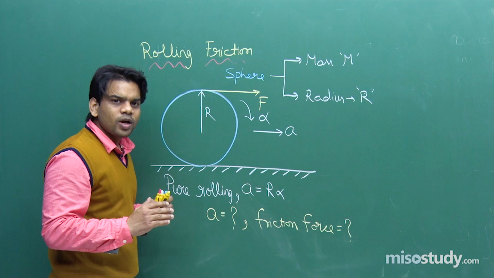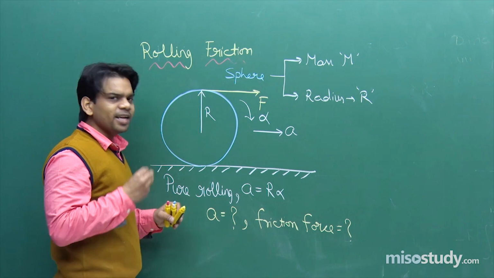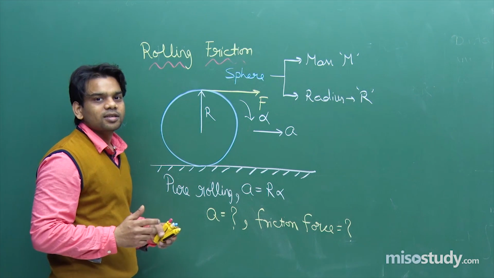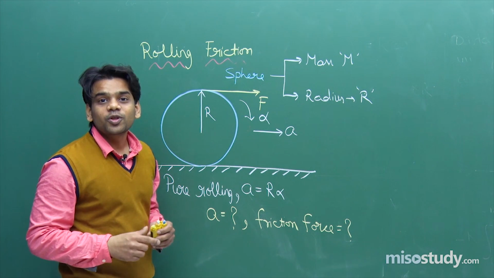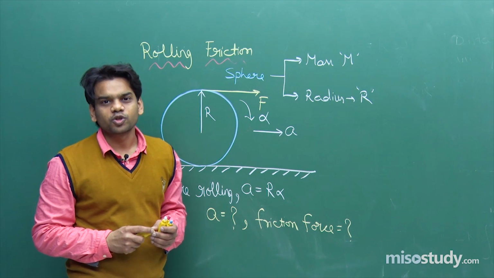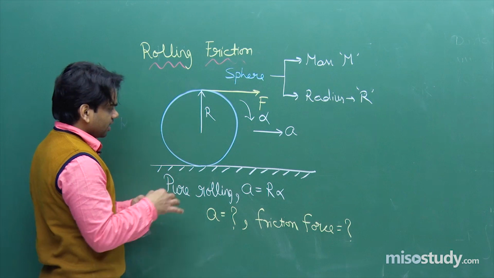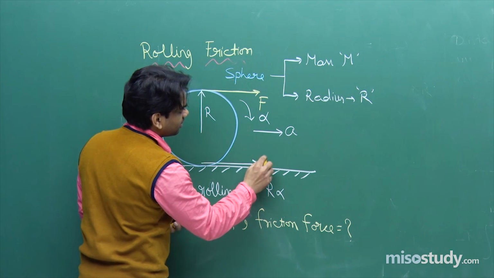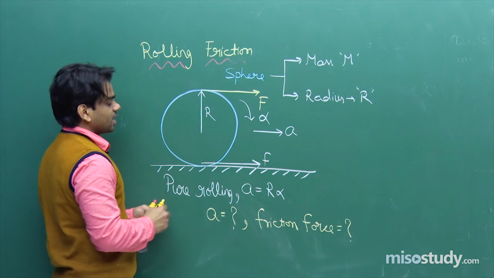But what I'm going to show you is that you can take the friction in any sense, either in the forward direction or in the backward direction. The equations will give you the result of in what direction the friction force is acting. Let's say the friction force acting at this point is in the forward direction, and let me write this as f.